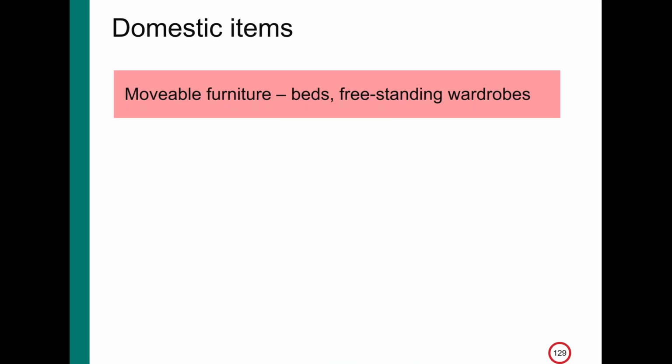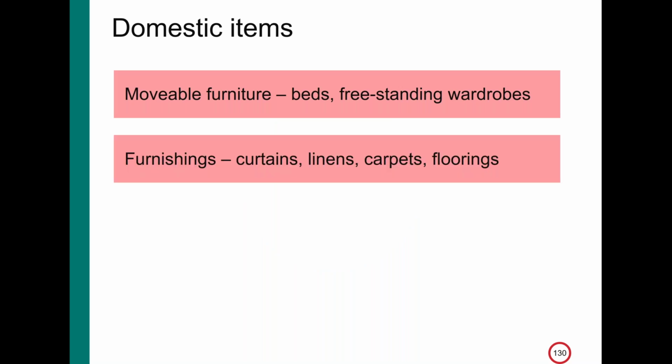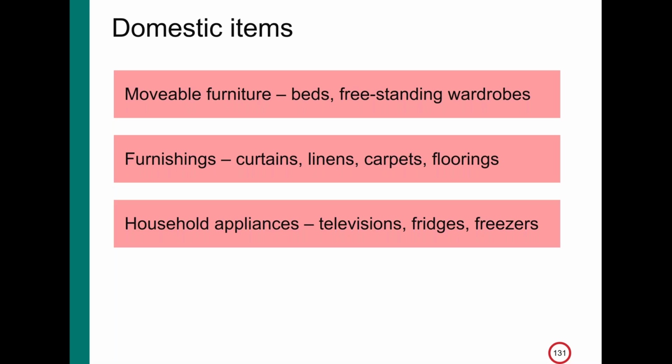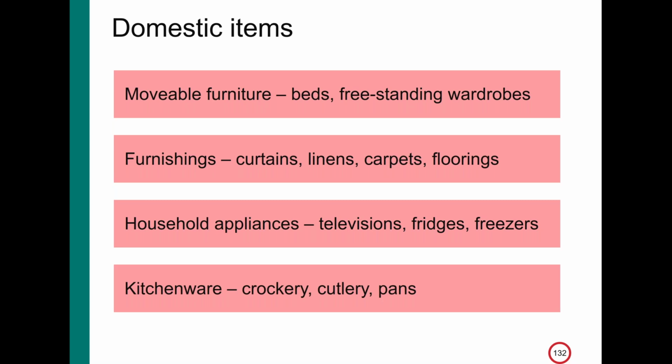What do we mean by domestic items? Well, they include movable furniture like beds and freestanding wardrobes, furnishings like curtains, linens, and carpets, household appliances such as televisions, fridges, and freezers, and kitchenware like crockery, cutlery, and pans.